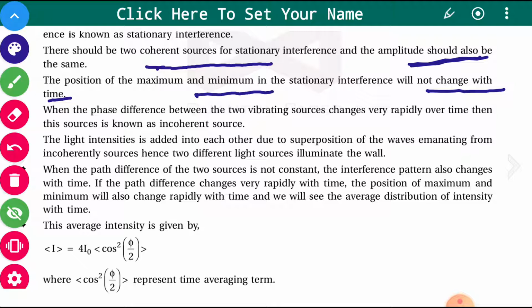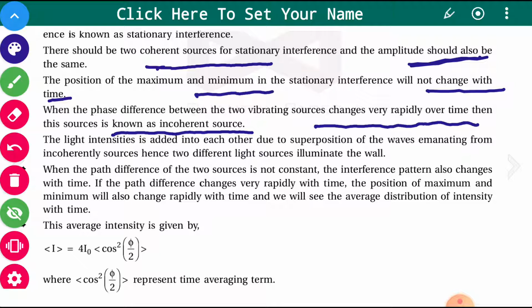That is the main condition. When the phase difference between the two vibrating sources changes very rapidly over time, then this source is known as incoherent source. If the phase of one source with respect to the other changes very rapidly, then these sources are said to be incoherent sources.